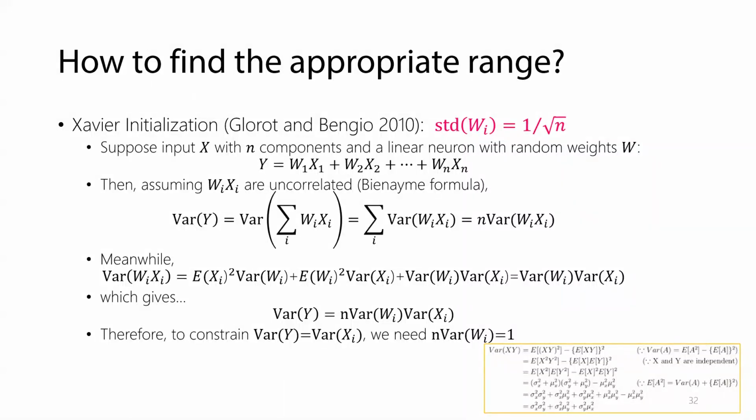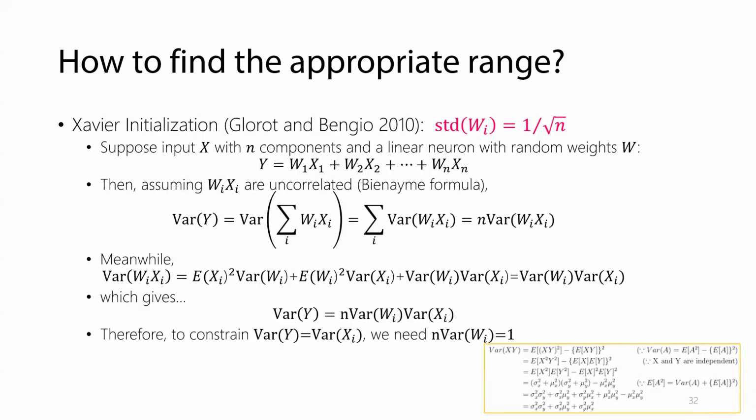But then, if W and X are not correlated, then this variance of WiXi is the same as the variance of W multiplied by the variance of X. Which gives us variance of y equals n times variance of w times variance of x.